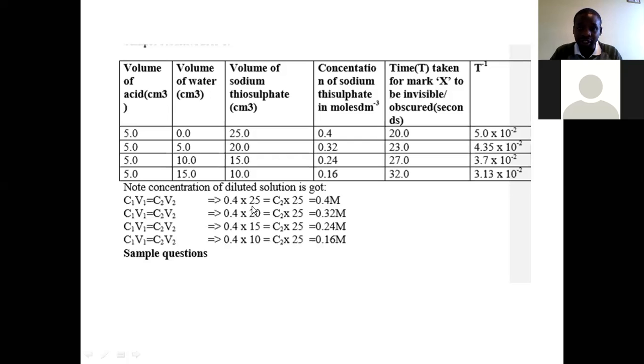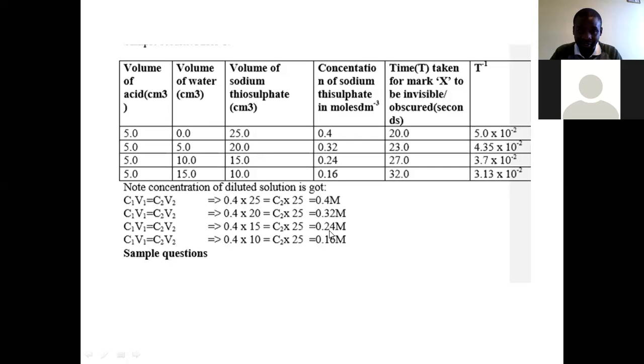You have 20 over here. Then the new concentration can be calculated, noting that the final volume is actually 25. Because 5 cubic centimeters of water has been added, the total volume is going to be 25.